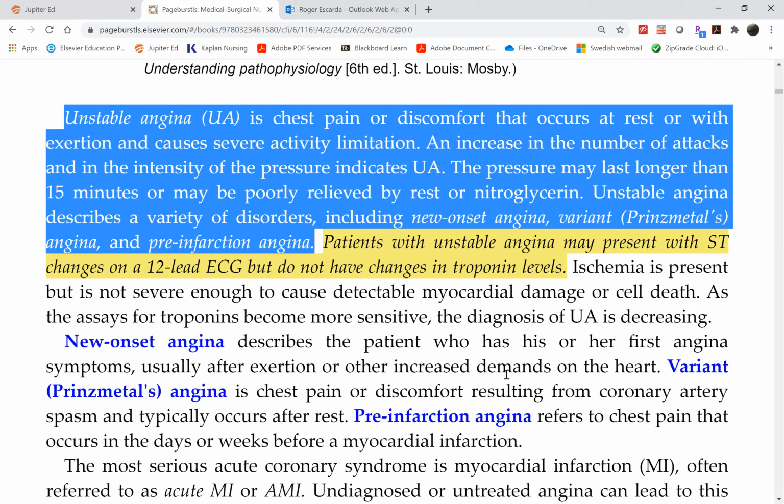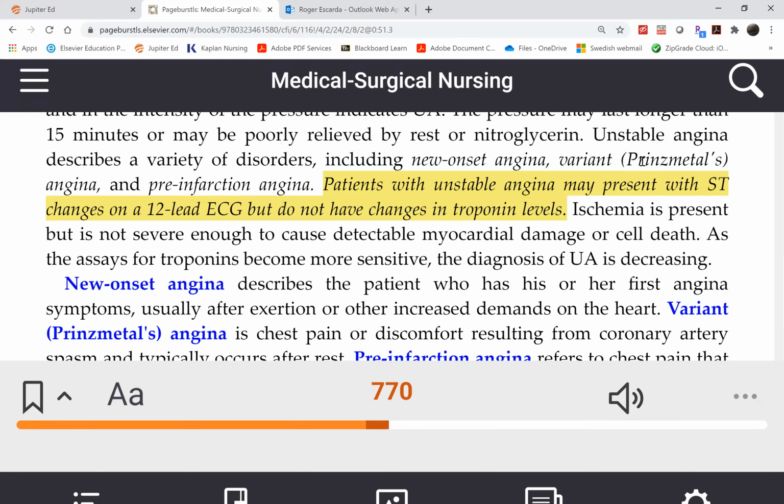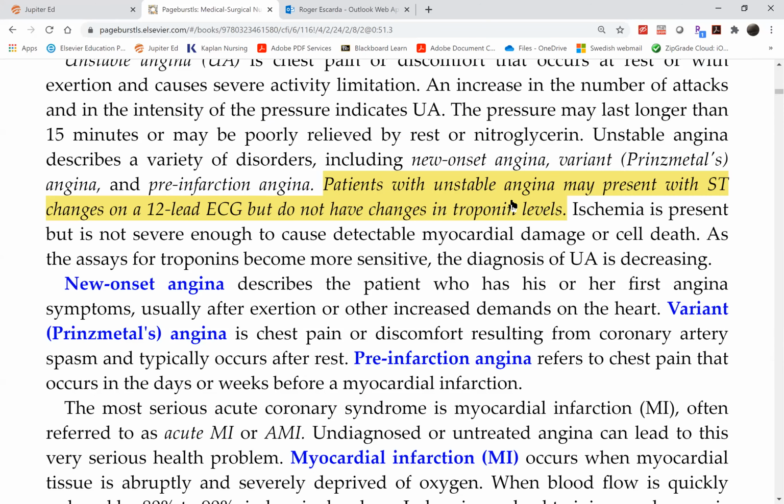Okay, thank you, sir. So this is equivalent to, in peripheral artery disease, stage 3, because the chest pain in this instance is now occurring even at rest, meaning there is not necessarily any increased oxygen demand. You're just sitting on the couch, for instance, and the chest pain just comes on. So this now indicates unstable angina. We will not be testing between new onset, variant, or pre-infarction angina.